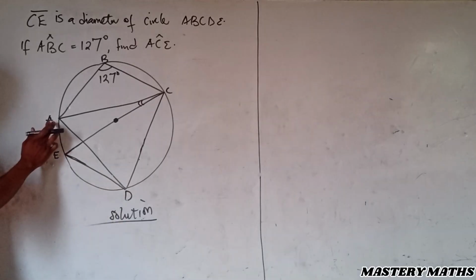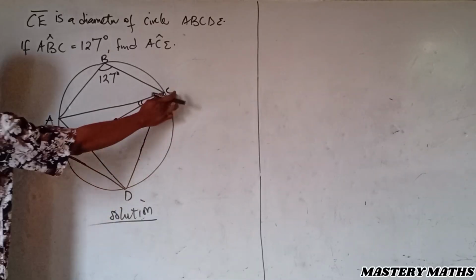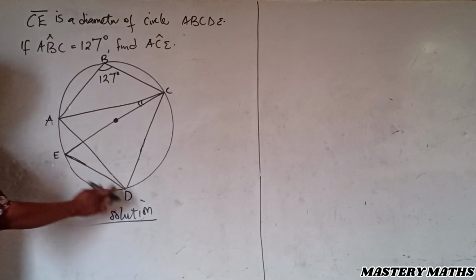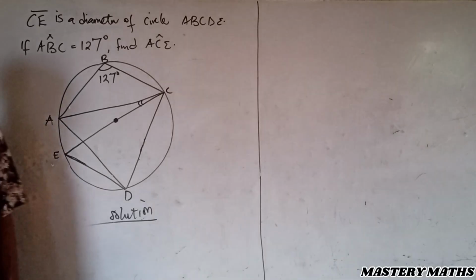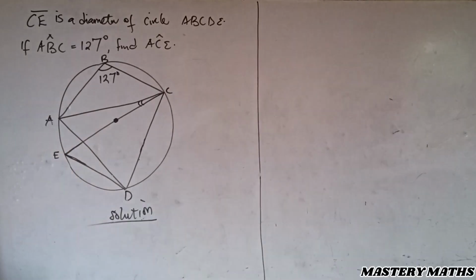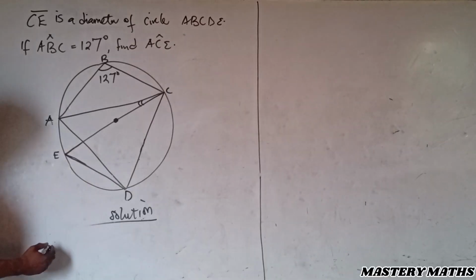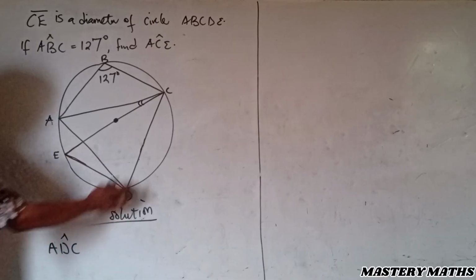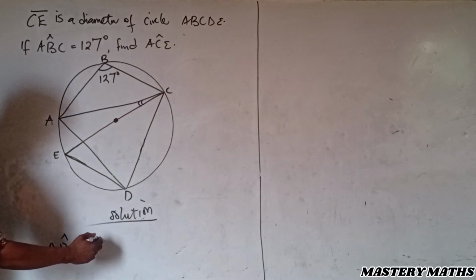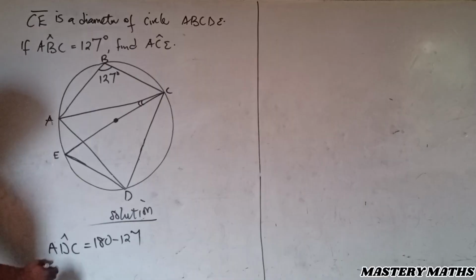Our ADC is opposite to 127, which means the opposite angles of a cyclic quadrilateral are supplementary. So angle ADC is equal to 180 minus 127.